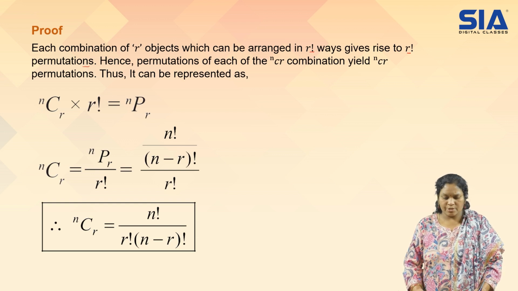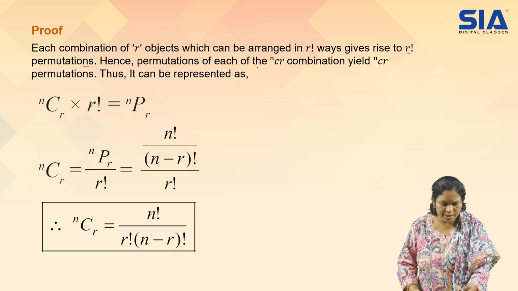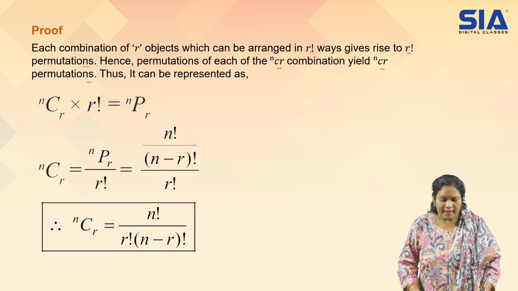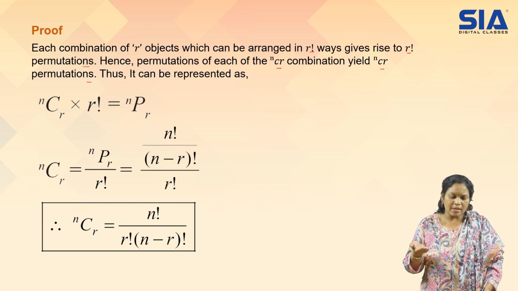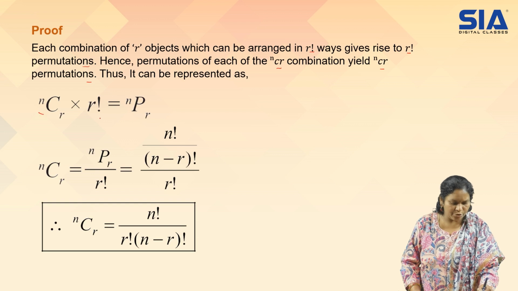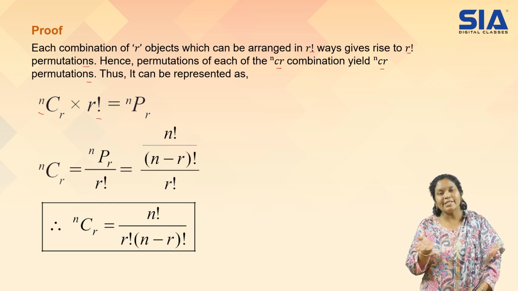So in permutations and combinations together we have the formula. Hence permutations of each of the NCR combinations yield NCR permutations. So NCR we can consider into permutations also. The formula goes like this: NCR into R factorial. NCR, as we just discussed, is what we take whenever we want to arrange into combinations.